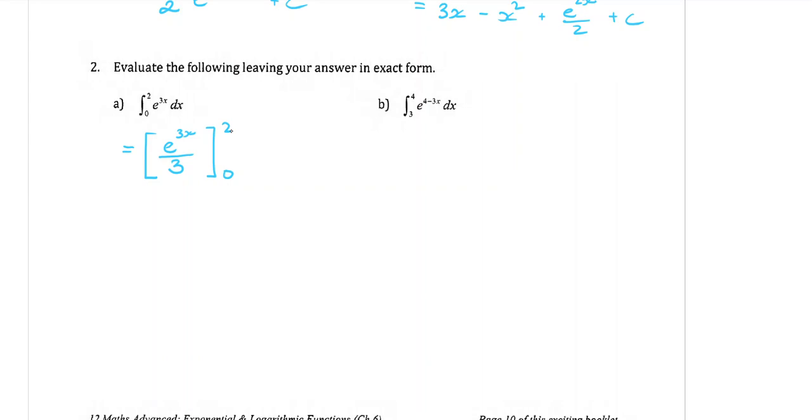Then for the definite integral, we sub the 2 in first: e to the 3 times 2, which is 6, over 3, minus, sub the 0 in: e to the 3 times 0 is 0, over 3. E to the power of 0 is 1, so I could make that a little bit nicer by changing that to a 1 over 3.